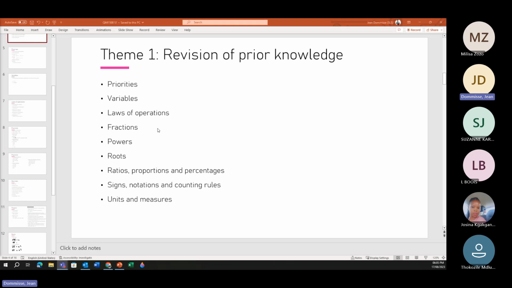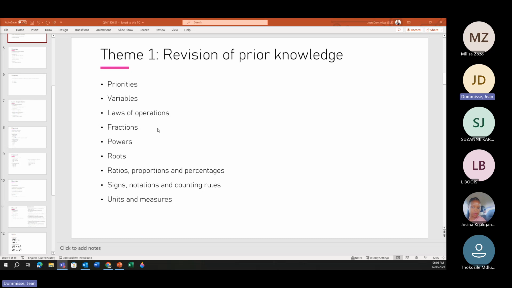Then we go into fractions, powers, roots, then a bit of ratios, then some signs, notations, counting rules. We look at permutation, we look at combinations.